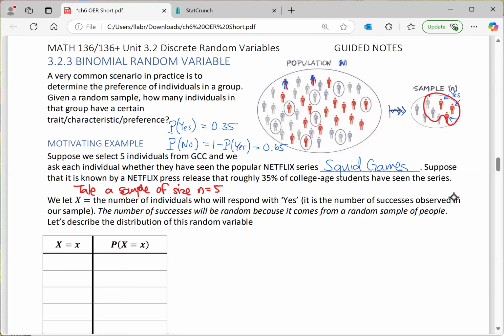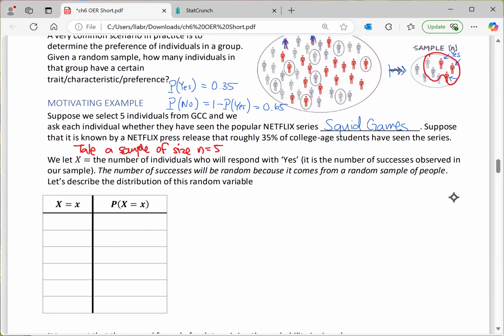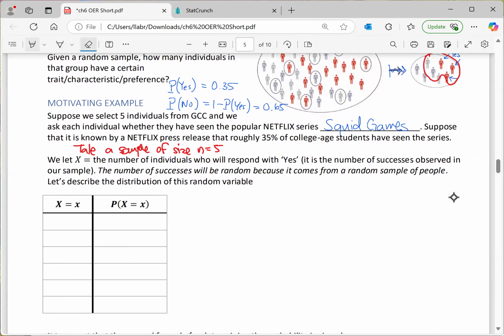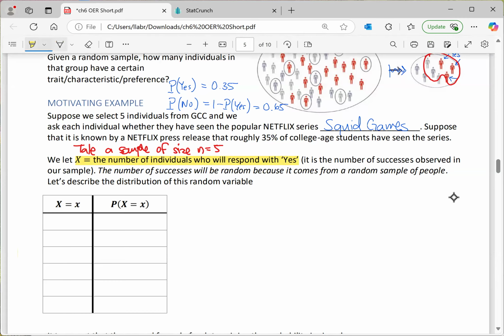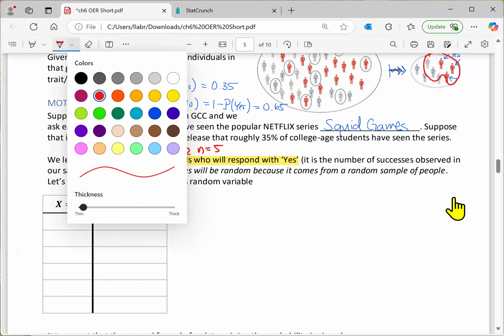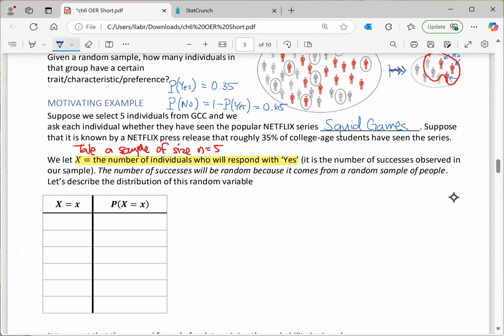So 5 individuals. Now let's go ahead and describe this random variable X, and this is going to be very common from here on out. We want to let X be the number of individuals who are going to say yes in that sample. So if I ask 5 people whether they've seen Netflix or not, then I can observe exactly 0 of them. The random variable could be 0.